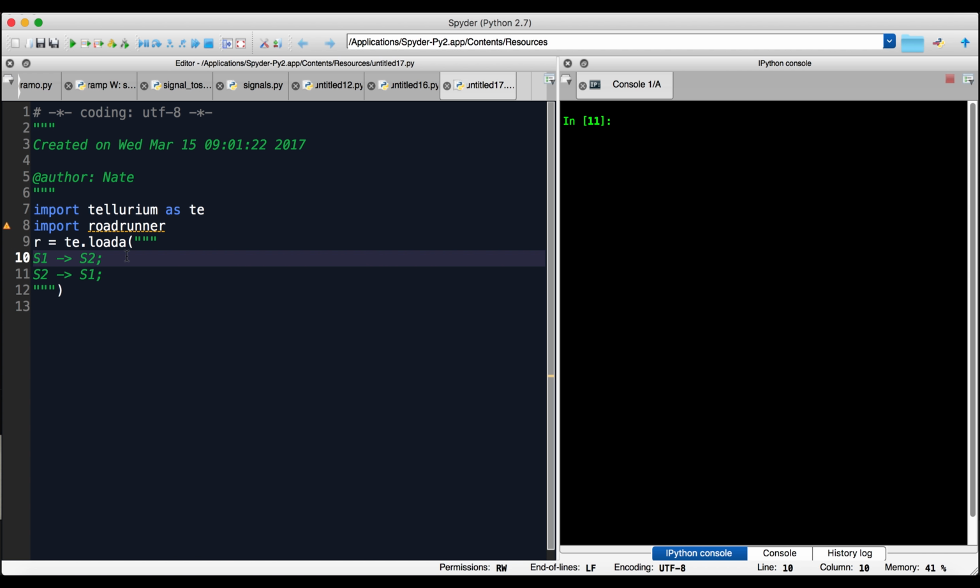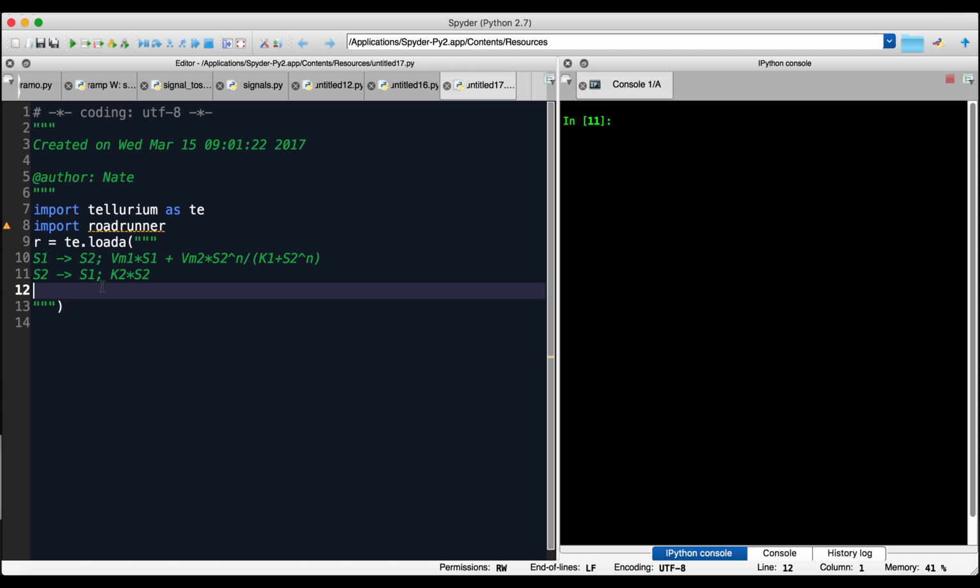Now I'm going to create the rate laws, which are defined by those differential equations from before. Okay, this is the forward direction, and this is the reverse direction.